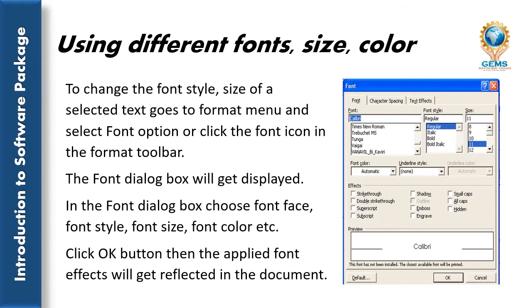Next, you can see there is a size option. There are different sizes. First of all, select the text. After that go to the font option and the Font dialog box will be displayed.